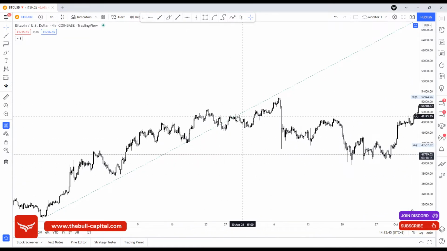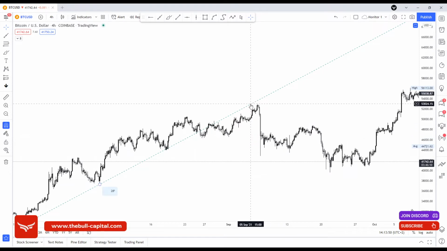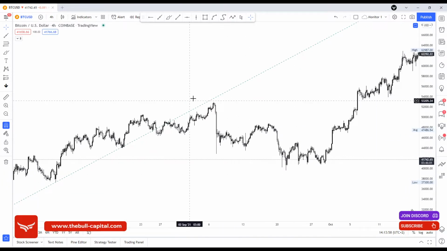For example, here the trend has been broken. It went back up trying to reclaim the trend, but it failed. So it just dumped here, and this is the starting point of the downtrend.